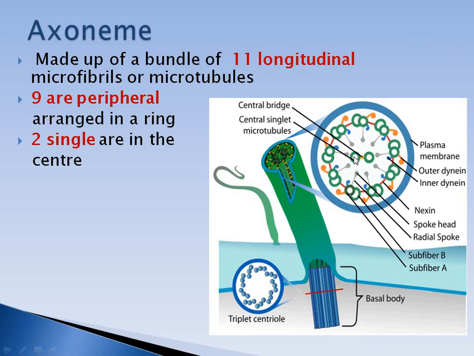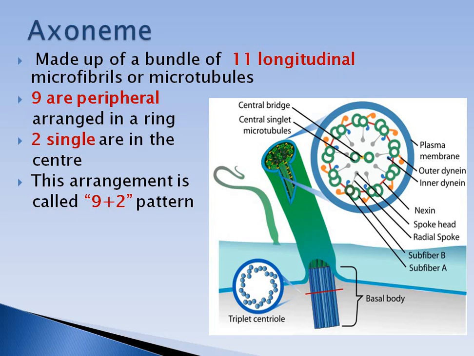As you can see in this figure, these 9 microtubules are arranged at the periphery, and these 2 single microtubules are in the center. These 2 single microtubules are covered by a sheath, that is the inner sheath or central sheath, and these 2 microtubules are connected to each other by this central bridge.